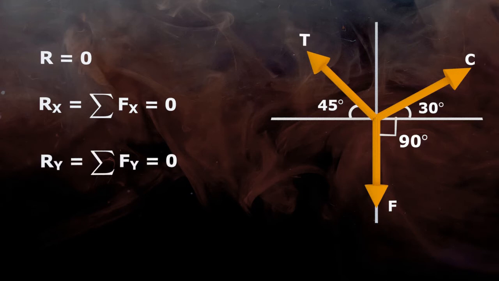Here x component Rx is the summation of horizontal components of all forces. Similarly, Ry is the summation of vertical components of all forces. So the first step in this method is to find out the x component and y component of each force acting at point O.